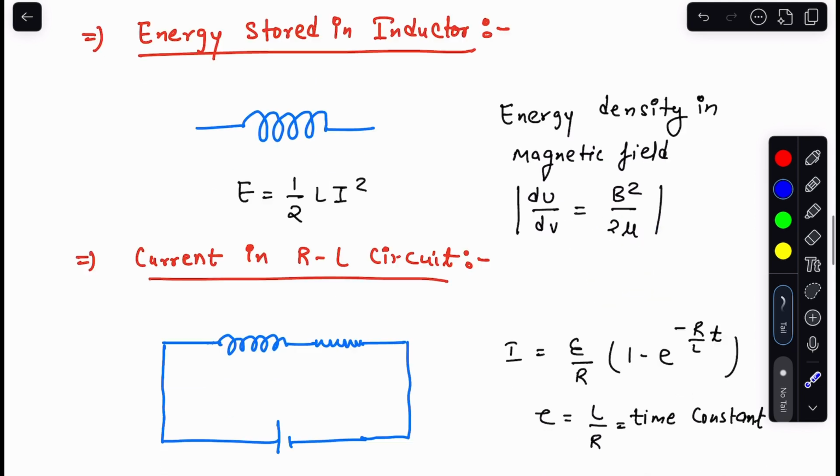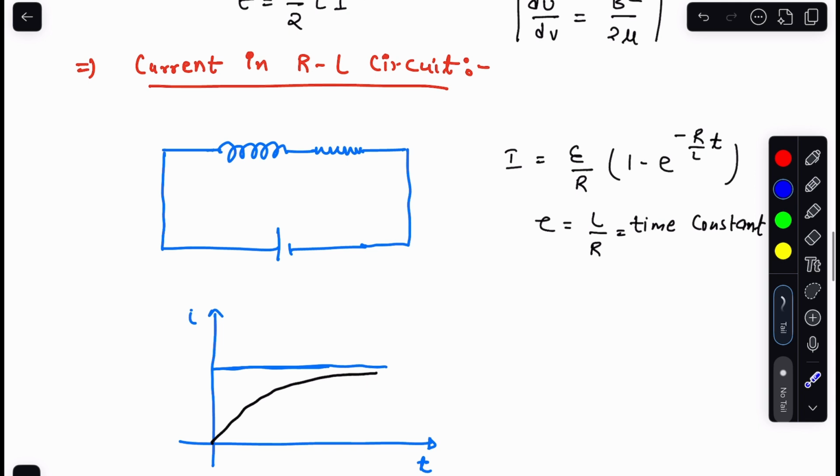Now, current in an RL circuit. We have an inductor. Of course, in the case of an ideal inductor, there will be just the inductance, but in the case of a practical inductor, there will be inductance plus also the resistance of that wire. So it will practically be an RL circuit, and we can solve an RL circuit the same way as the RC circuit.